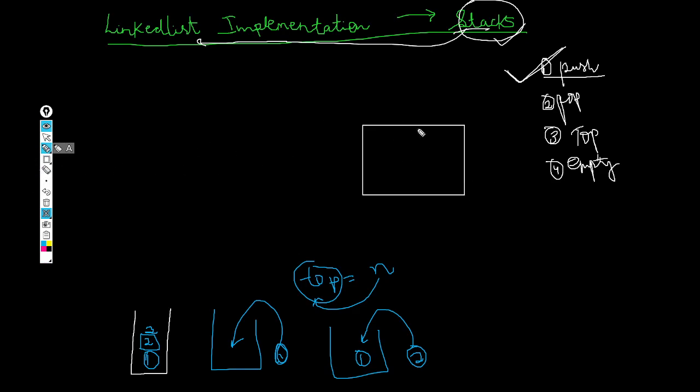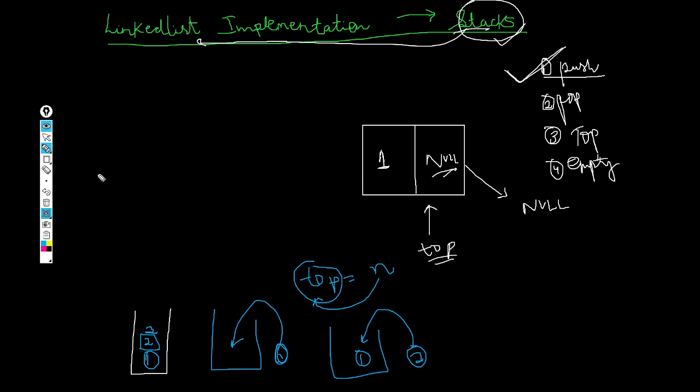And let's say we have something like this, and this particular node is right now pointing towards null. So basically this address has null, and this data part has 1. And the top pointer is currently pointing towards this node.